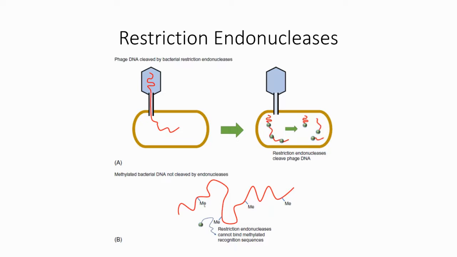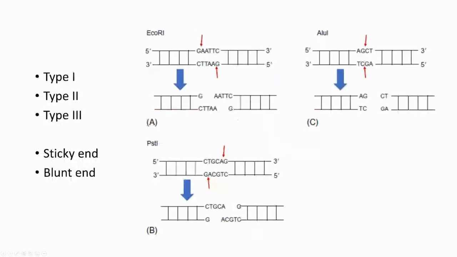So the enzyme will recognize the DNA that is not methylated and degrade it, which we will discuss later with the restriction modification system. And for the restriction endonuclease, there are three different types.